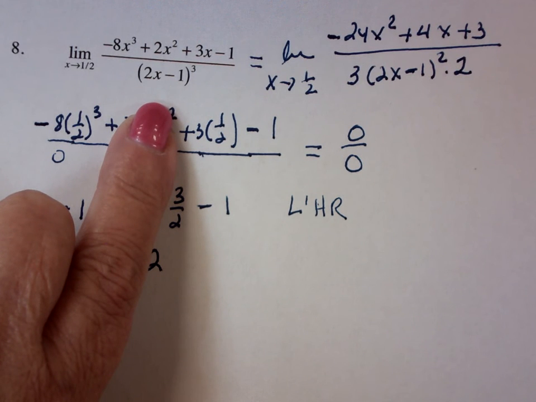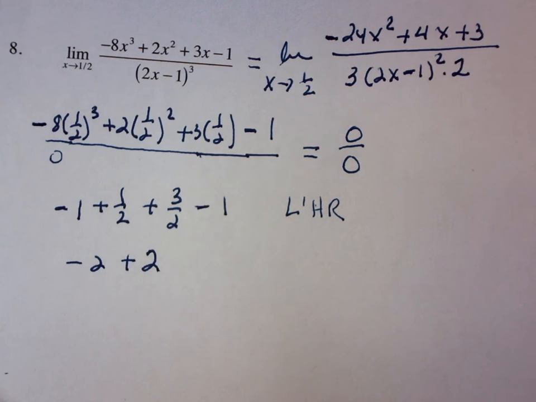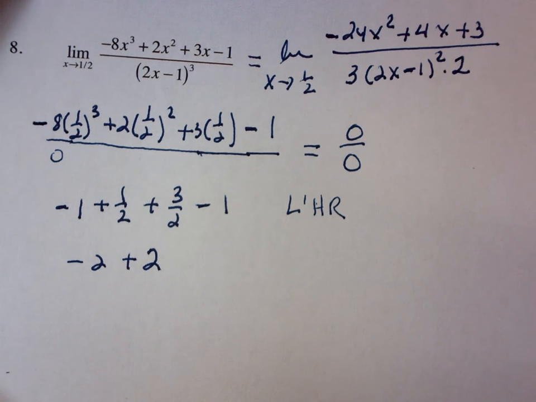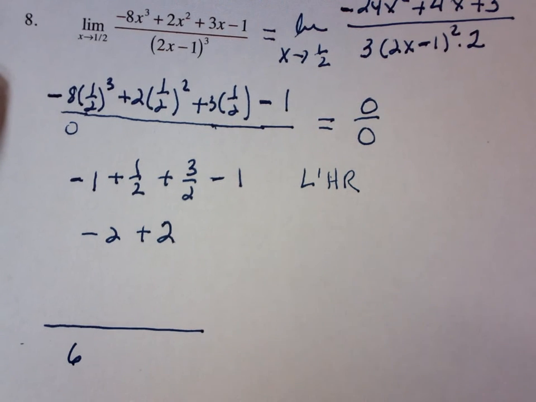And what do I know for sure I still have? Division by 0, right? So let's check it out. In the denominator, I have 6 times 0, which is just 0.